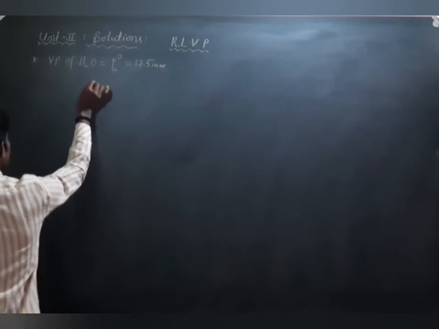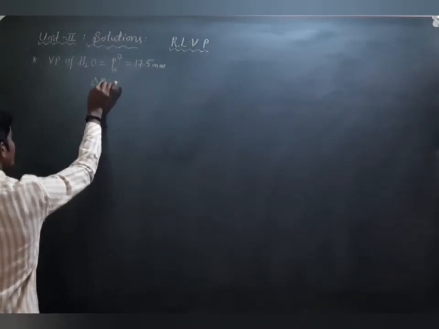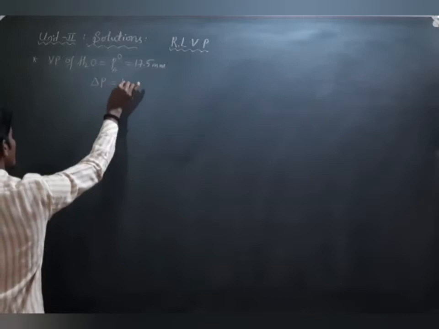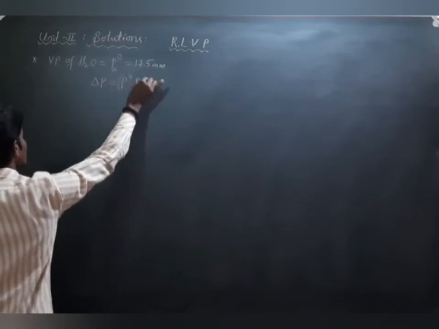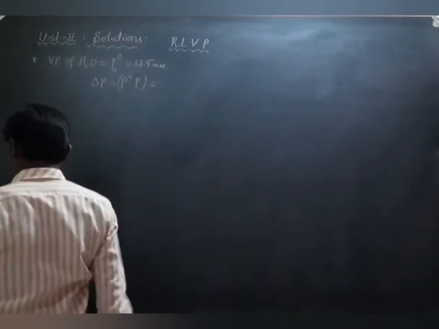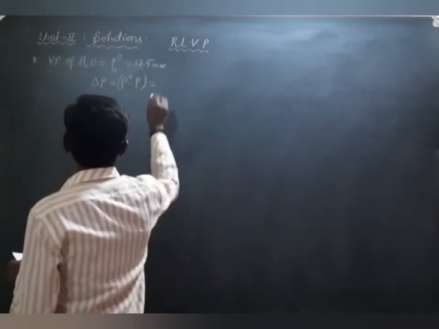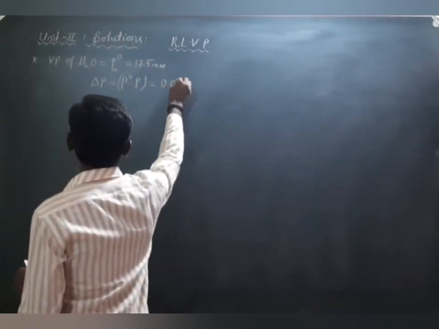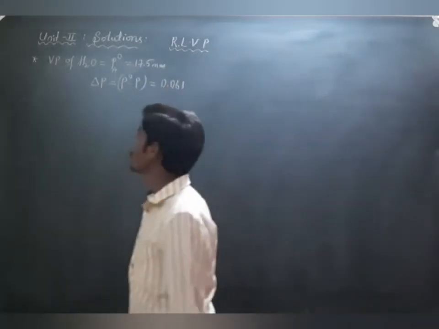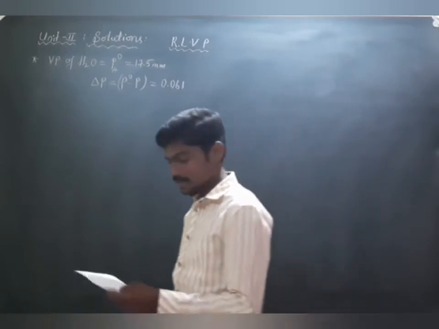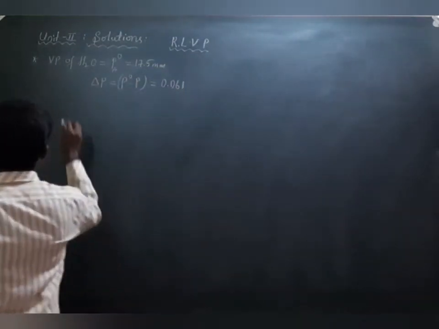So here delta P, that is P naught minus P, is given, which is equal to 0.061.